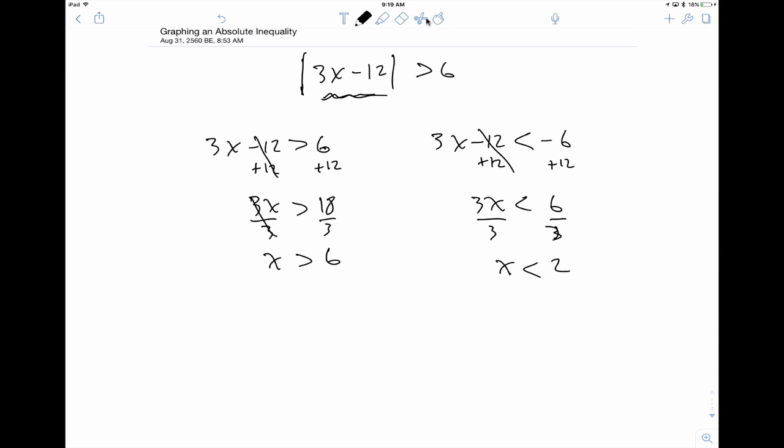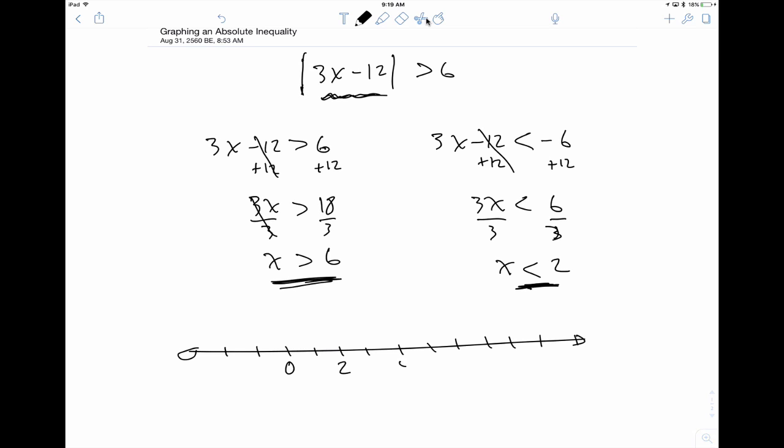So now we can graph it because we know what we're looking at. All values on the number line that are greater than 6 or less than 2, when they're plugged into this formula, will give us numbers that are 6 away, either positive or negative, from the 0. So we graph this as the graphed answer. Where's our 0? Let's put our 0 here.